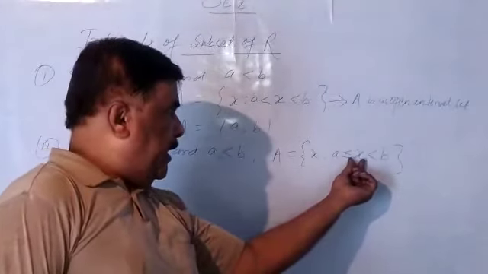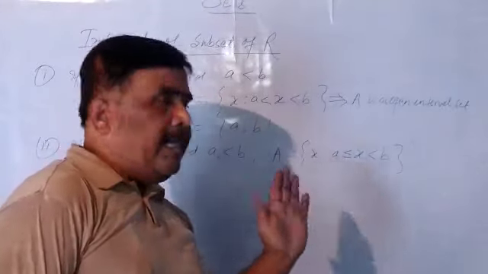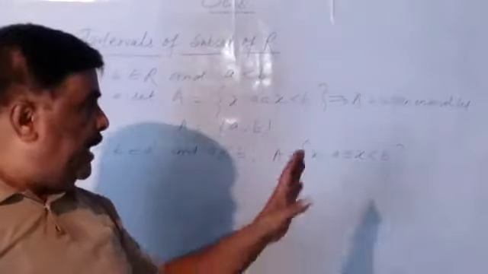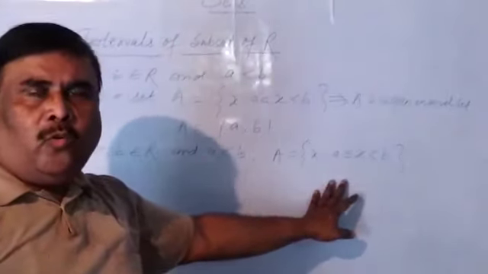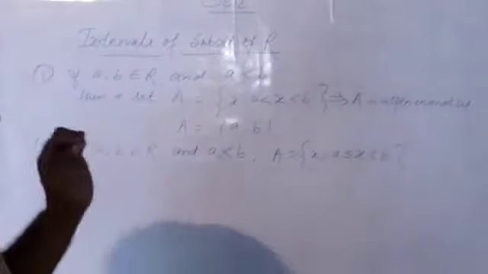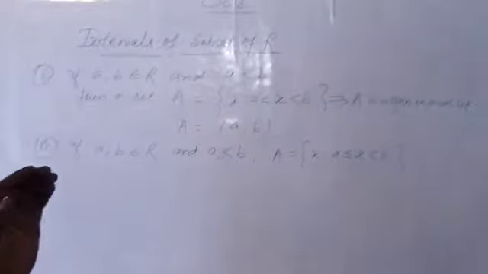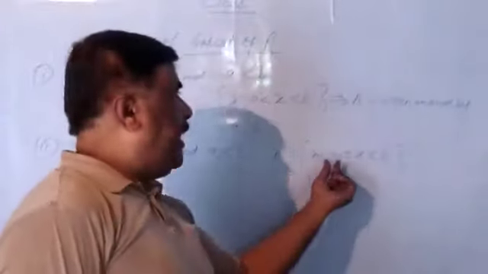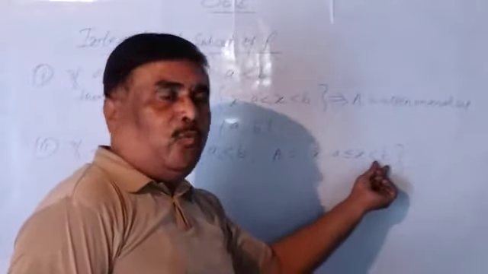Here one end is closed and another end is open. It means the element x is from a to b, where a is included but b is excluded.